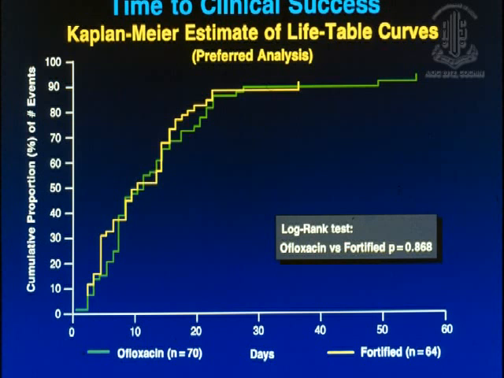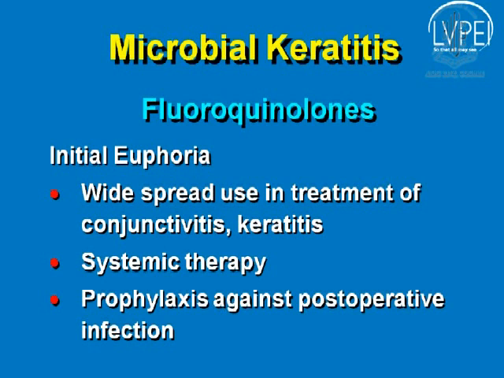And this was the reason that fluoroquinolones were used with lot of euphoria, both for management of conjunctivitis and keratitis, as well as a systemic therapy for patients of endophthalmitis. And you are seeing that we use this molecule extensively for prophylaxis against endophthalmitis following various surgical procedures.